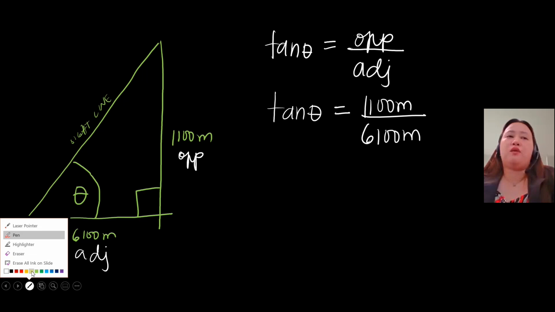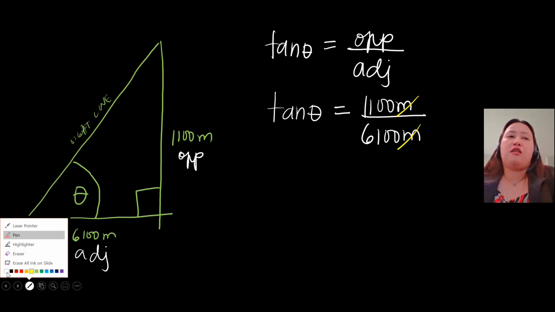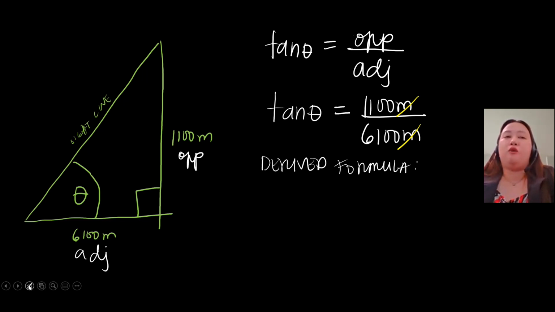We can already do the cancellation of the unit, meters, and then let us now derive the formula. So again, in order for us to derive the formula, the unknown should be left on one side only.